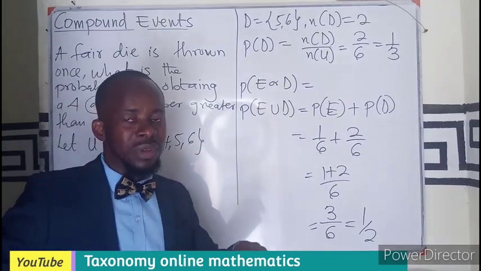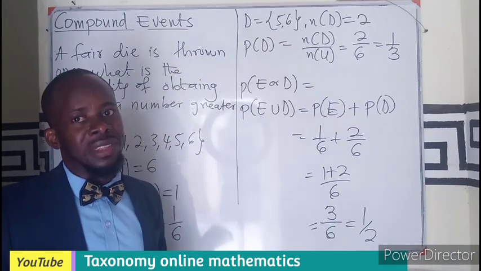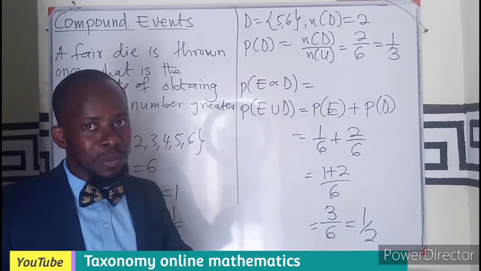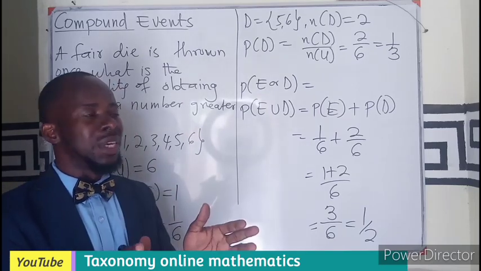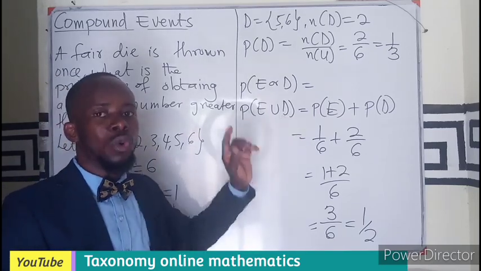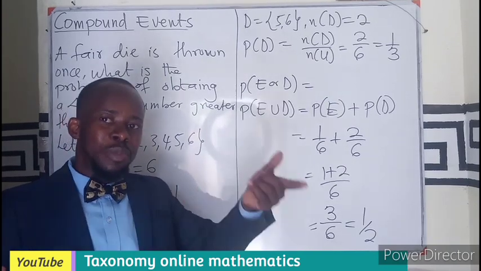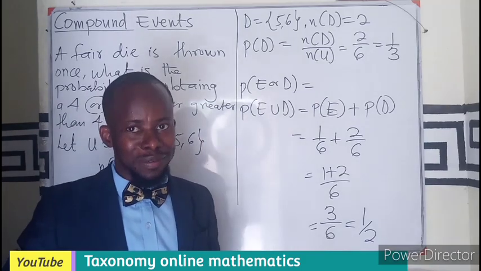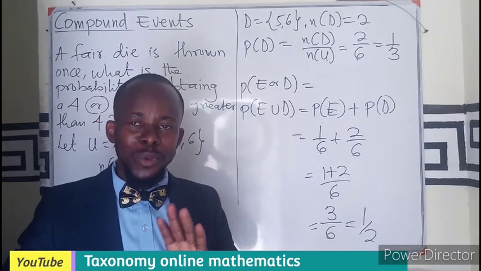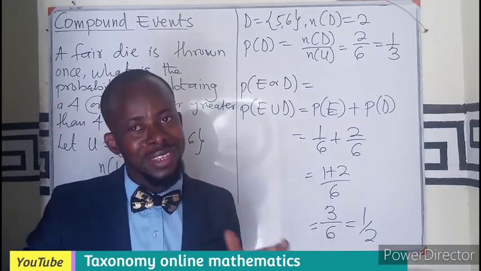That's 1/2 of the whole trial or the whole experiment. So this is how we talk about compound events. It could be union, it could be intersection, it could be independent, it could be dependent, it could be mutually exclusive. I believe the concept is well explained to your satisfaction.